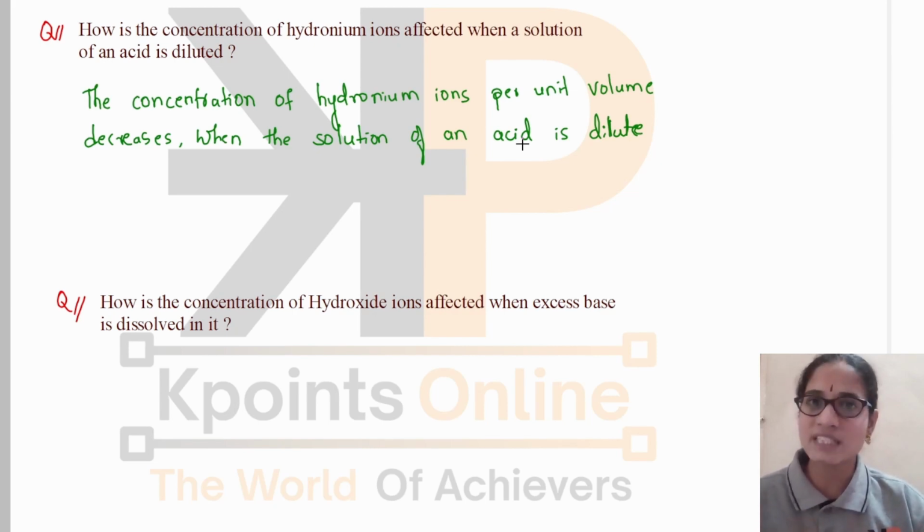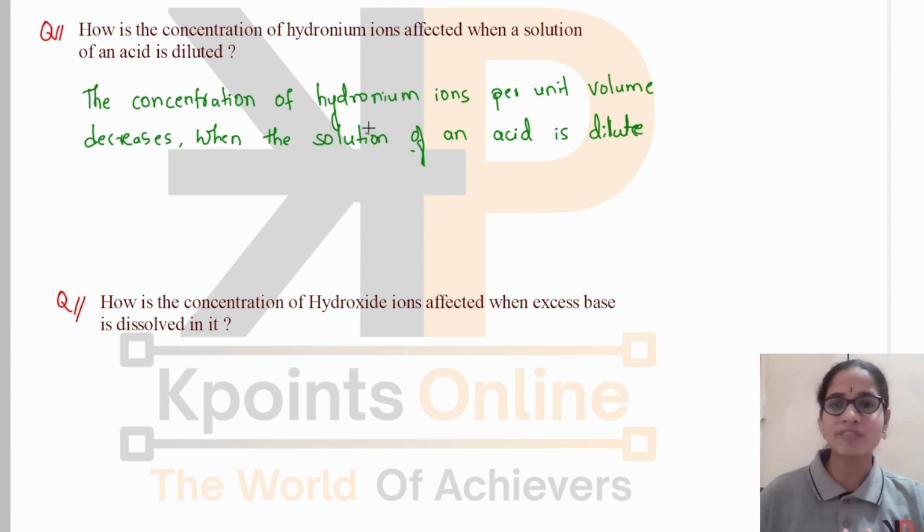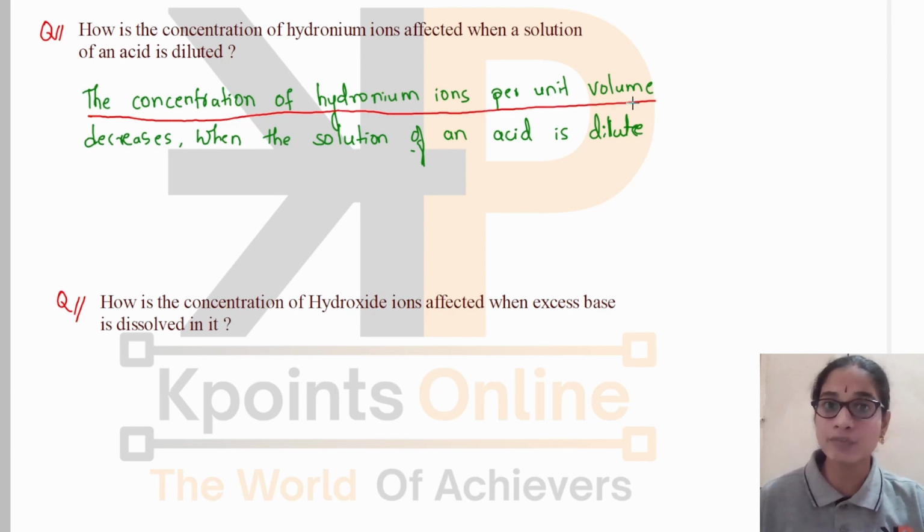The concentration of sugar per unit volume decreases, because of which you feel that the sugar is reduced. This is the same as what happens here. Upon dilution, the concentration of hydronium ions per unit volume decreases when the solution of an acid is diluted.